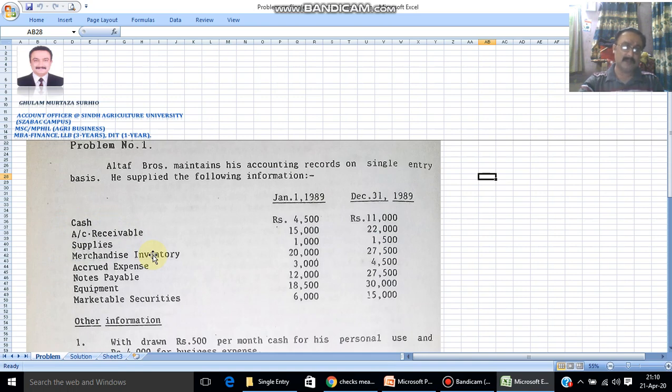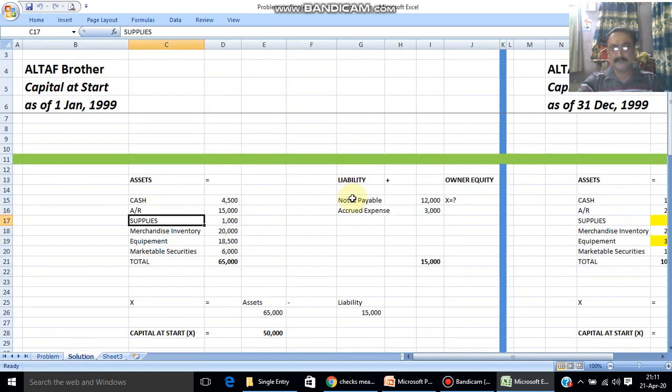These are part of assets, and these, accrued expense and notes payable, are part of liabilities, and then equipment and marketable securities are also assets. So first of all we will try to assess and examine what the capital actually was at the inception of the business, January 1st, 1989. So here I have solved it.